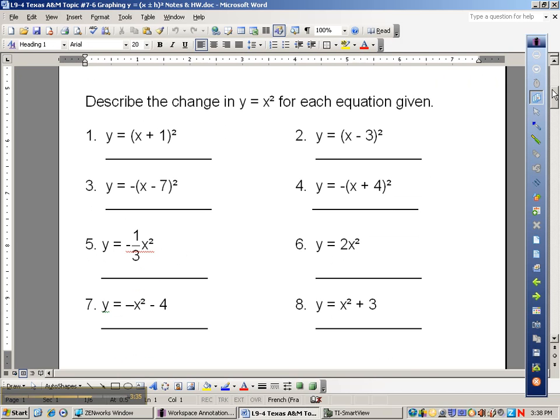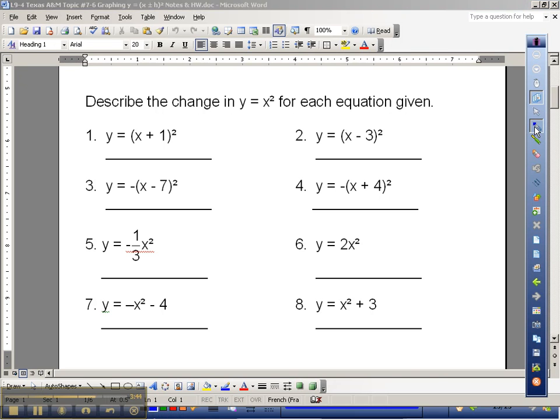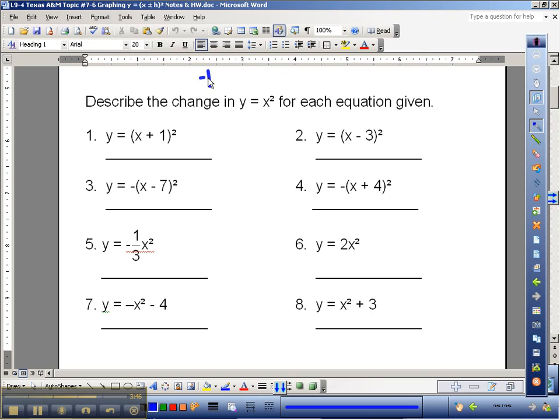All right, let's go down here. It says describe the change in y equals x squared, your parent function, for each equation given. Now remember, a positive right here makes it shift this way, and a negative right there makes it shift that way.